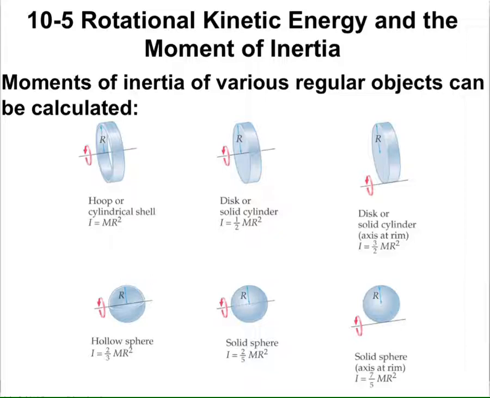If you have a hoop, the moment of inertia is mr square. If you have a disk, it is 1/2 mr square. If you rotate a solid sphere, the moment of inertia is 2/5 mr square. So it's different for different geometries.